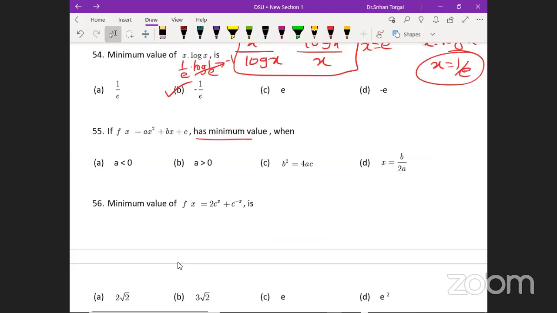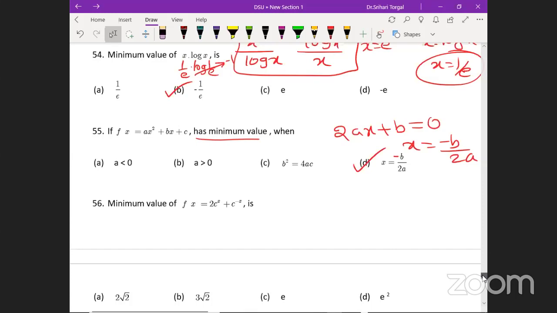To get the minimum value, just differentiate this. 2ax plus b is equal to 0, so x equals minus b by 2a. Now the minimum value of 2 e power x plus e power minus x.